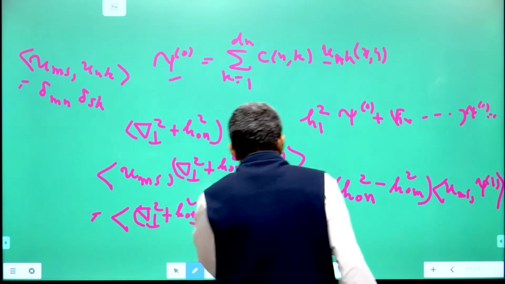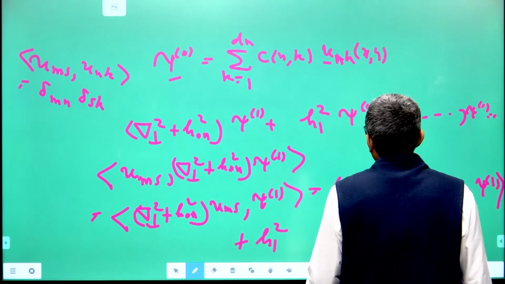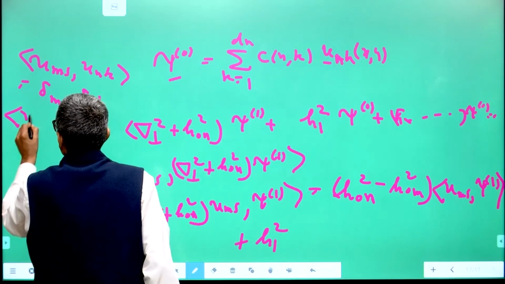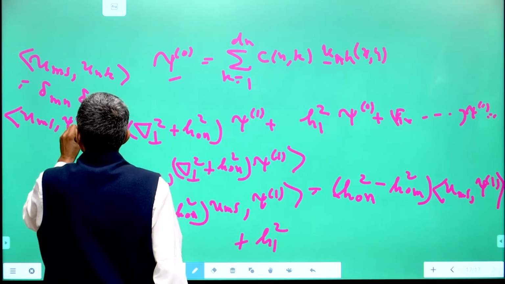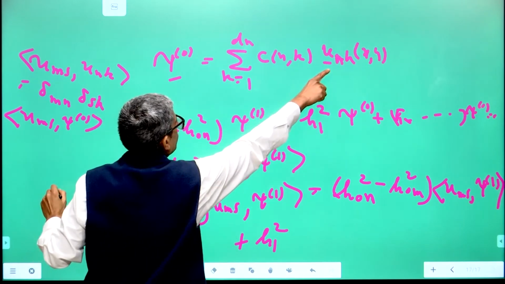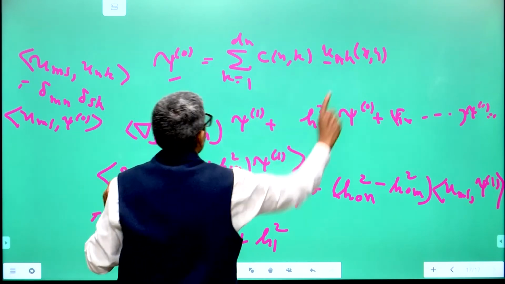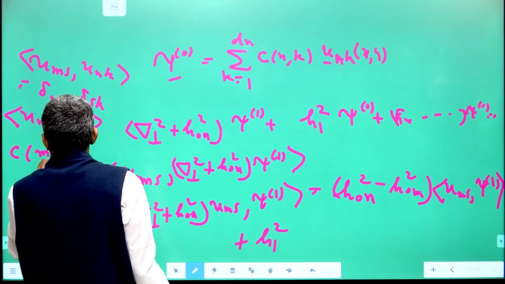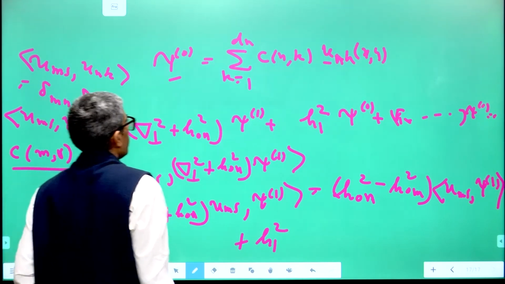So you will get h1 square into ums comma psi 0. What will be ums comma psi 0? From this, you have substituted for psi 0 this expression, so it will be simply CMS.